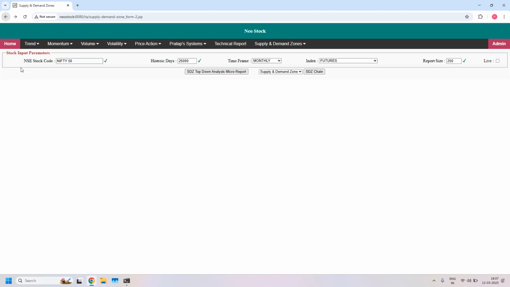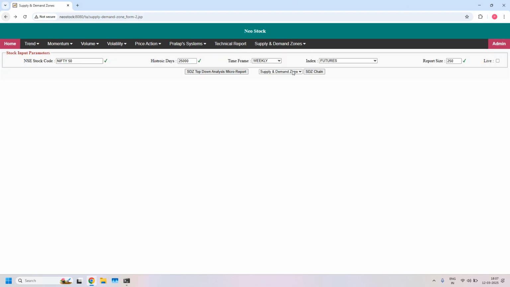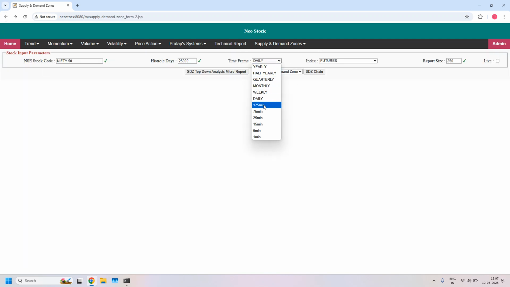Okay, next. Weekly supply demand zone chain for NIFTY. Next, daily supply demand zone chain for Nifty. Next, 125 minutes supply demand zone chain for Nifty.